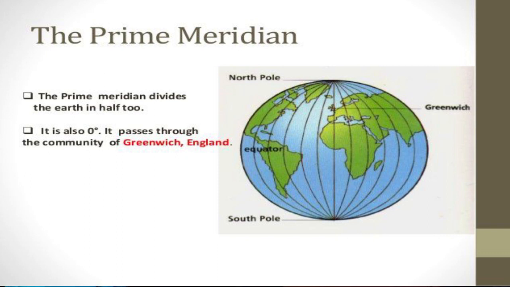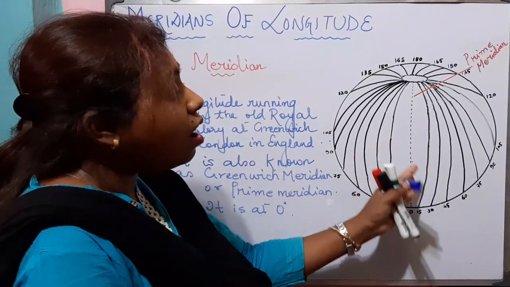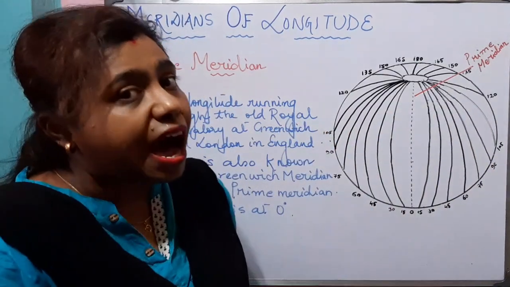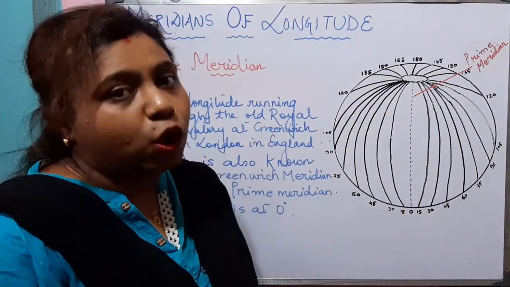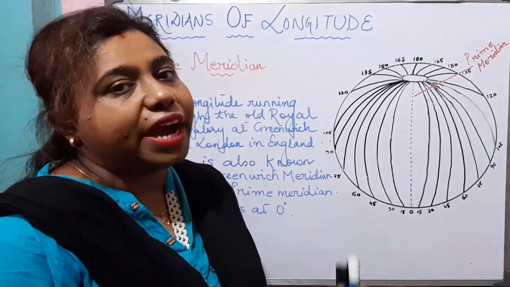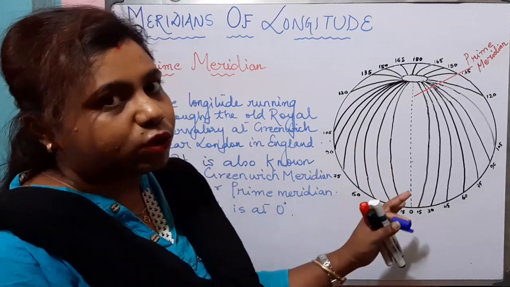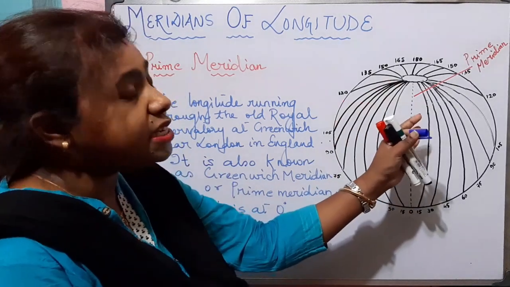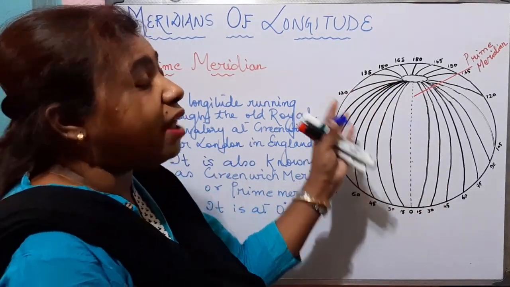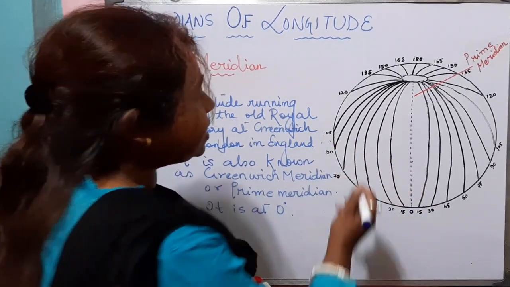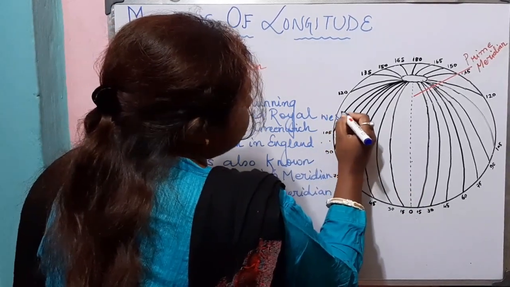Now the prime meridian is the imaginary line which divides the earth into two equal halves or hemispheres, like the equator. As we know, the equator divides the earth into two equal hemispheres, the northern hemisphere and the southern hemisphere. Here the prime meridian divides the earth into another two hemispheres, that is the western hemisphere.